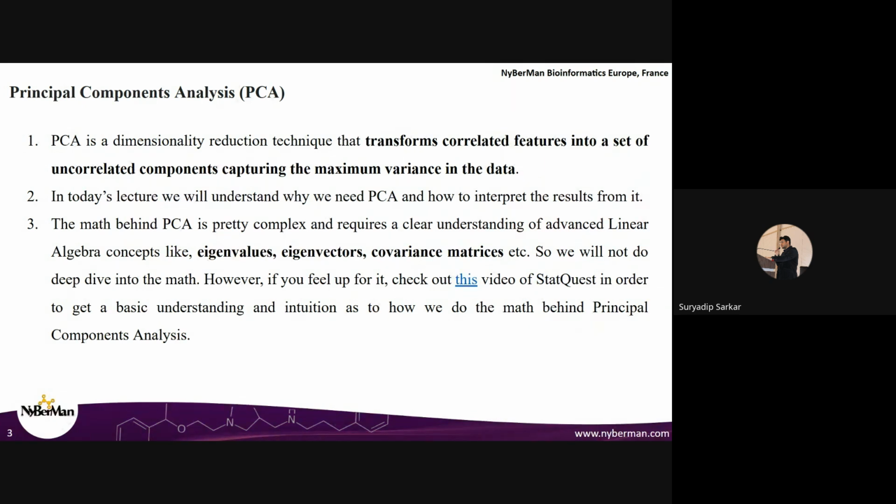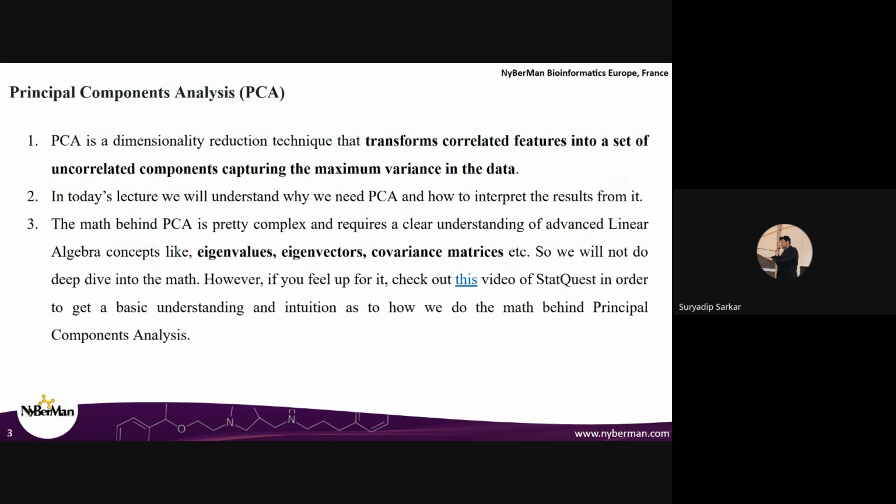Up to three is still fine, but usually we have way more than three features. Especially if you're working with very high dimensional data such as RNA-seq, you would have anywhere between 20,000 to 50,000 features, because every gene, every non-coding RNA, every miRNA, and so on, is a feature.